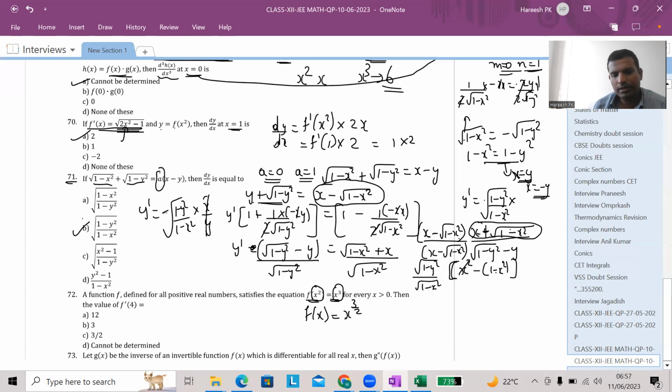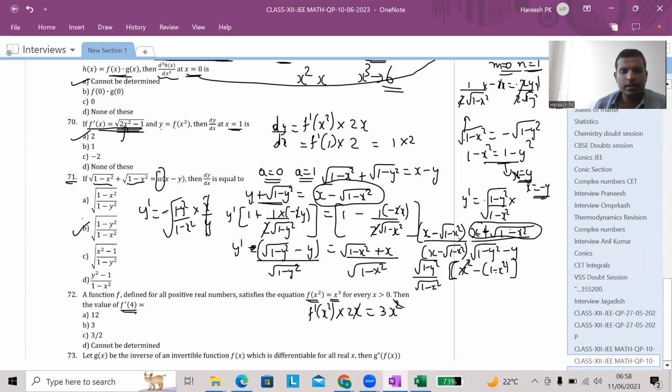Either I do it like this or I do it directly. They're asking f dash 4, right? So differentiate on both sides. f dash x square into the derivative of x square, which is 2x, is equal to 3x square. So one x will get cancelled.